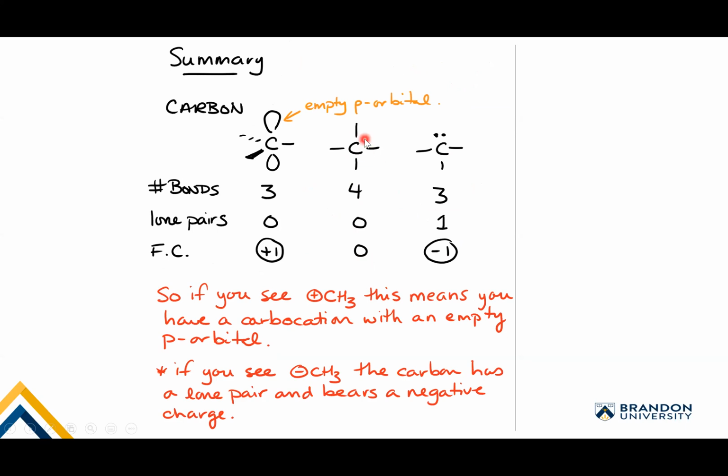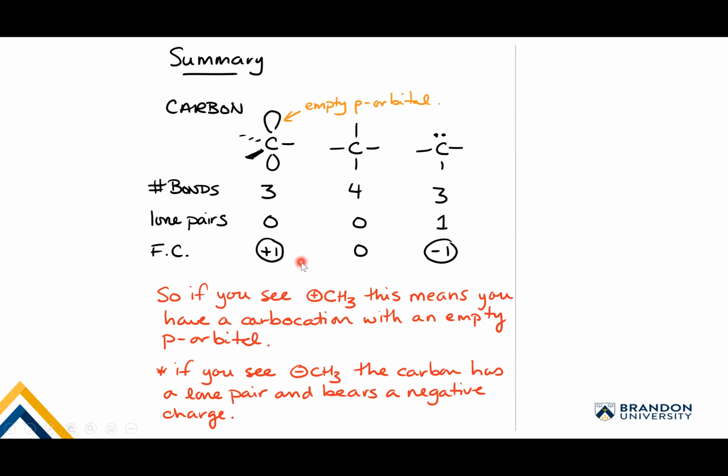If you remove one of the bonds, it's an electron deficient system, with only 3 bonds and no lone pairs, missing those 2 electrons. This would have an empty p orbital, and you're going to see in the next section why I've drawn this as a trigonal planar system. These are carbocations, so it has a positive formal charge.